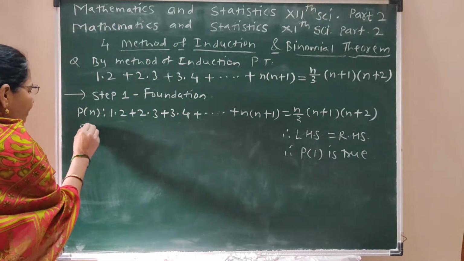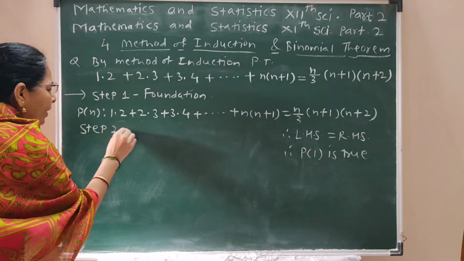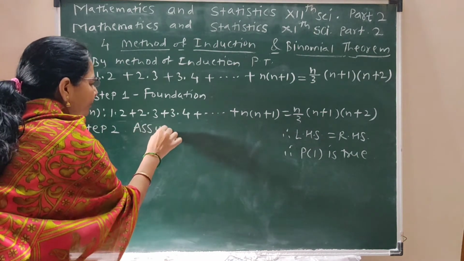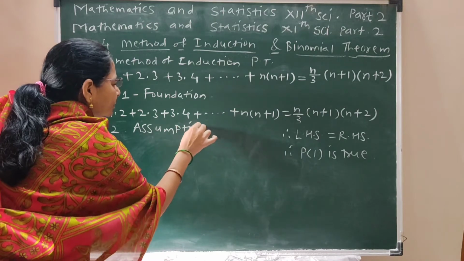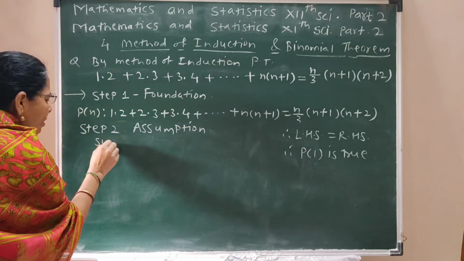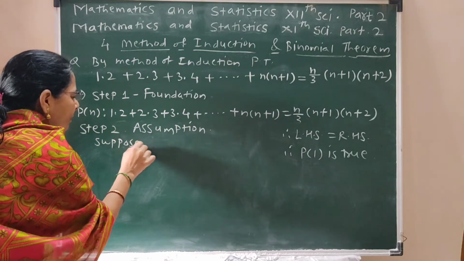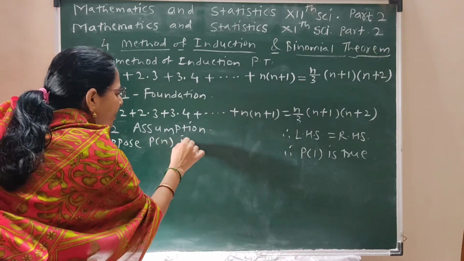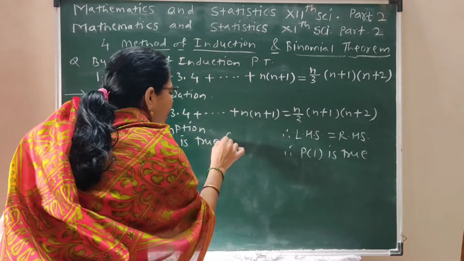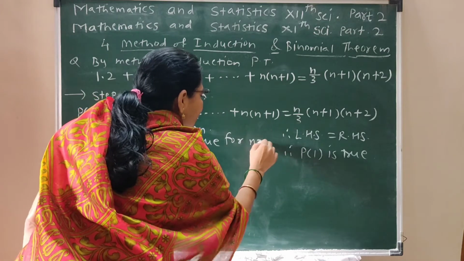Step 2, assumption. Suppose Pn is true for n is equal to k.